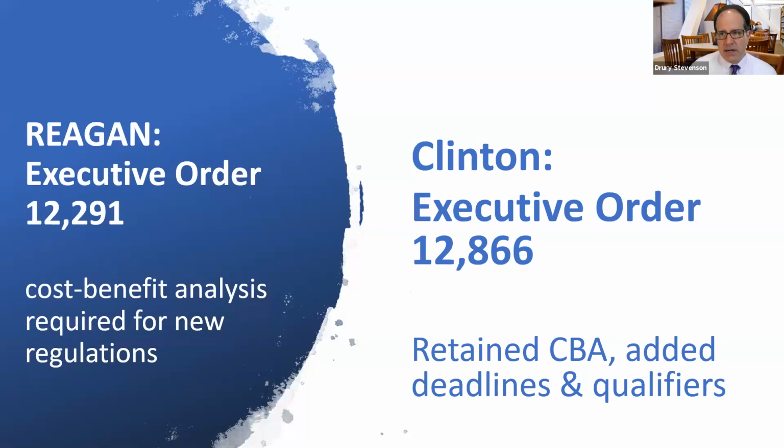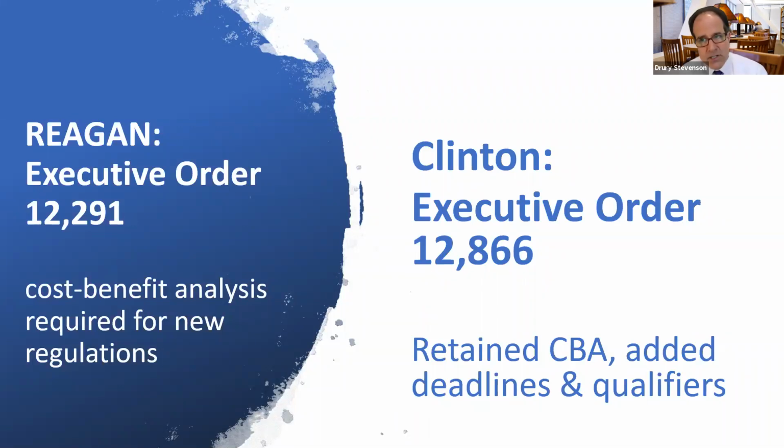So Clinton comes into office in 1992, and one of the big questions was, okay, now we have a Democrat in the White House, maybe he'll undo 12291 and essentially rescind it, but that's not what happened. Instead, 12866 retained the basic framework that agencies have to get permission from the Office of Management and Budget, specifically OIRA within the OMB, for new regulations that they want to propose, and they have to submit a cost-benefit analysis.